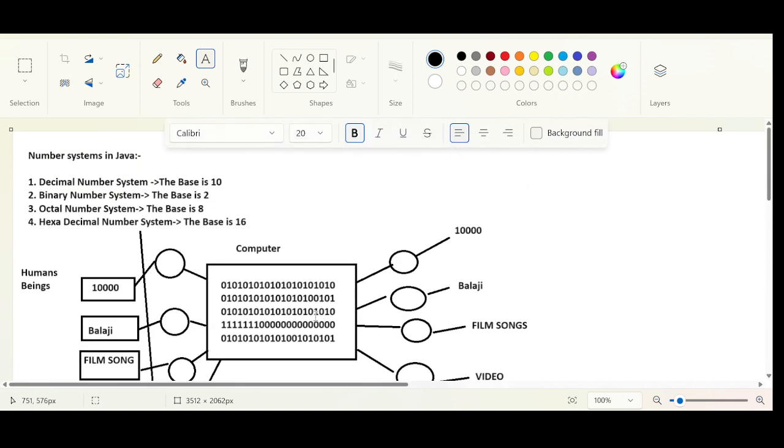Right? So let us understand what a decimal number system is and why it is important to understand the conversion between the decimal number system and the binary number system. I mean, why do we need to convert the decimal number system to the binary number system, and binary to the octal number system, and so on.